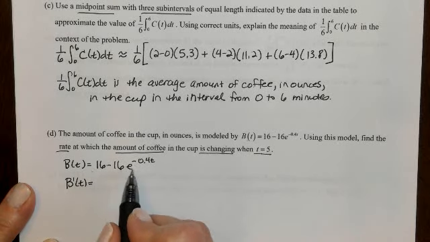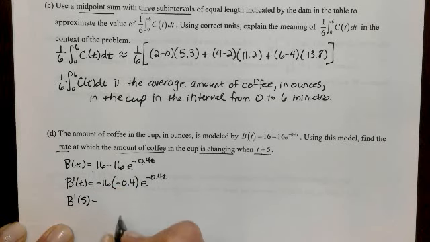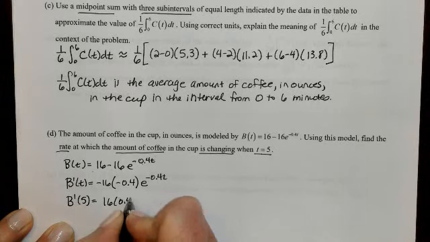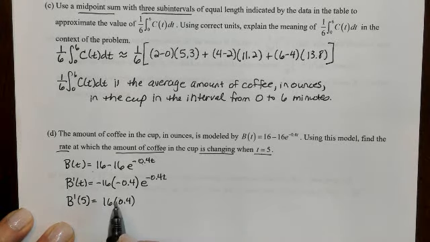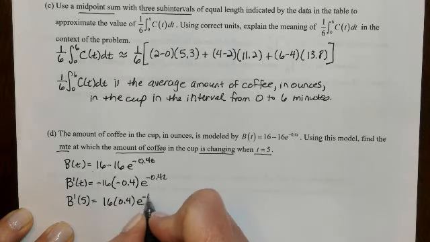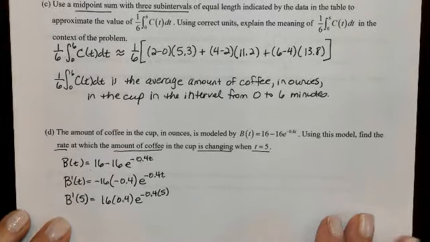That's B prime, and now they just want us to put in 5 for T. So you could write this as 6.4, or you can leave it 16 times 0.4. Either one, it's the same. Or you could write it as a negative 16 times negative 0.4. That's fine too. And then we're just going to put in 5 for T, and that would be our safe stop spot.